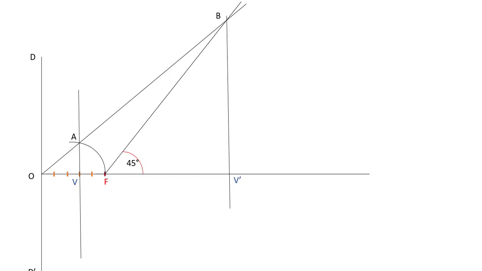So here if you notice, we have got our major axis of the ellipse, which is VV dash.